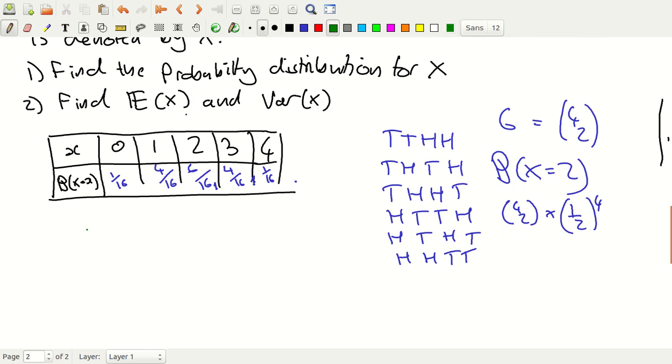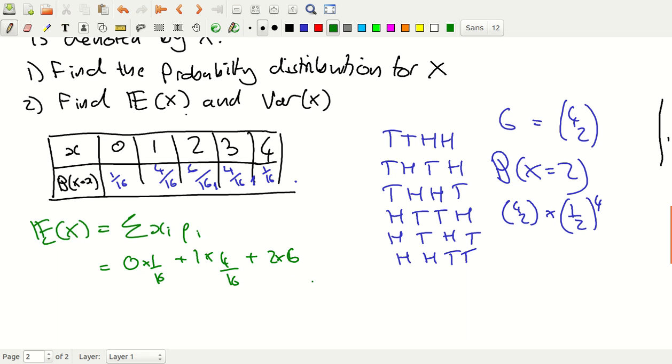The second part asks us to find the expected value and the variance. We're now familiar with that. E of X is sigma x_i p_i, which is 0 times 1/16 plus 1 times 4/16. Perhaps I'll leave everything over 16. Probability is probably the only area where sometimes simplifying isn't worth it, because we're going to have a common denominator if we leave everything over 16.